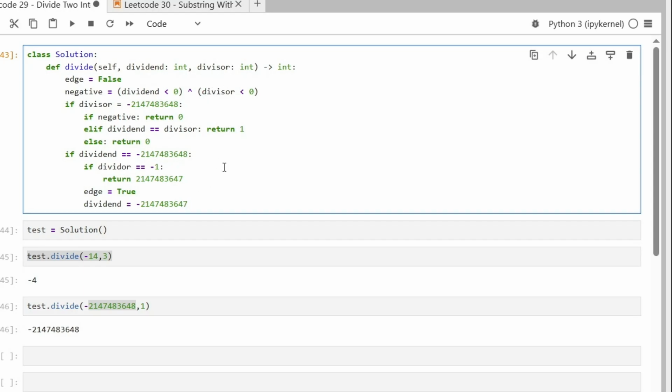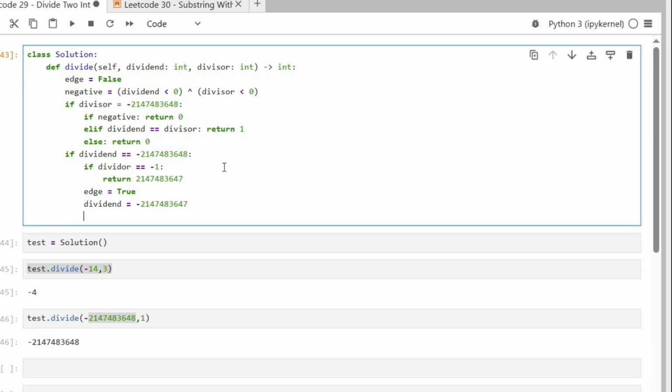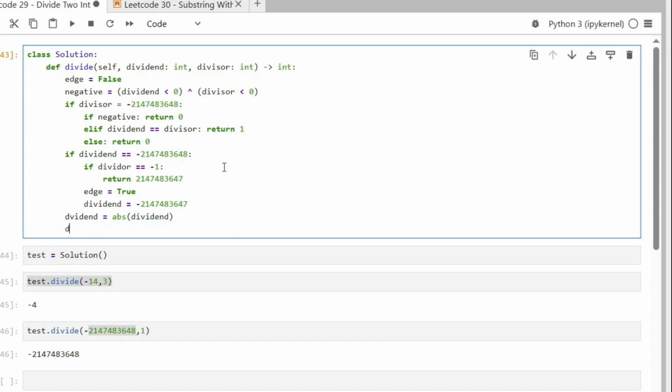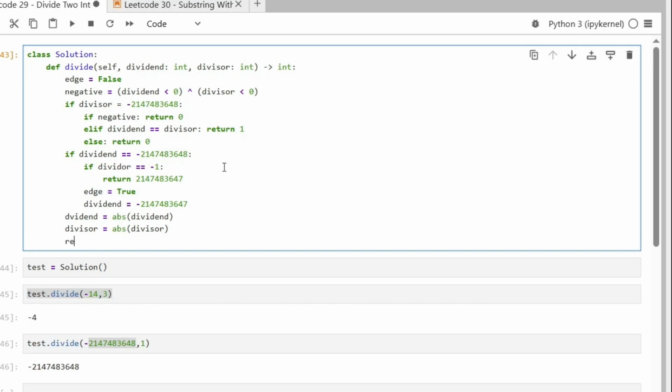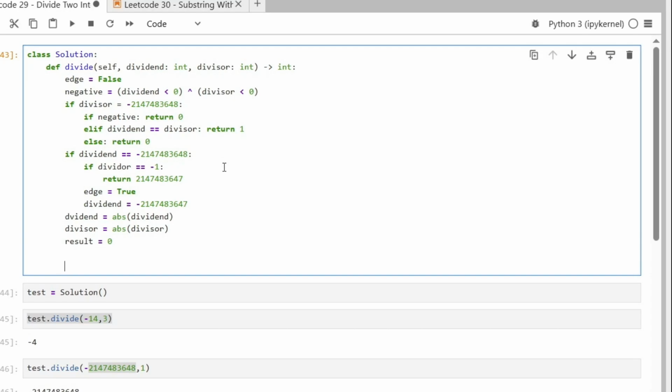Okay, so here I will convert it to absolute values. Okay, and divisor also. And I will start the result with 0. And now we do our iteration.